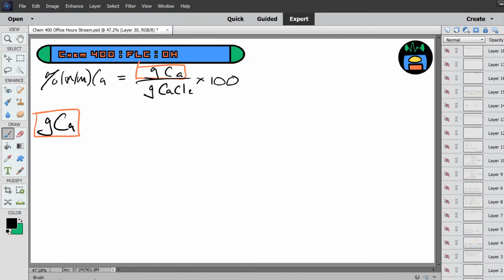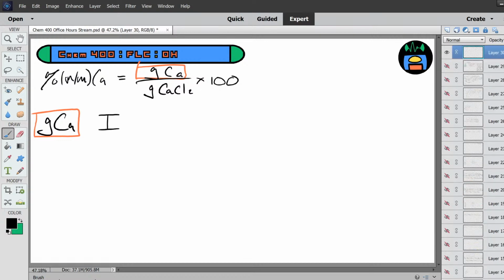You have your ISE reading, which gives you a reading in milligrams per liter, and then you multiply by the volume of your flask in liters.